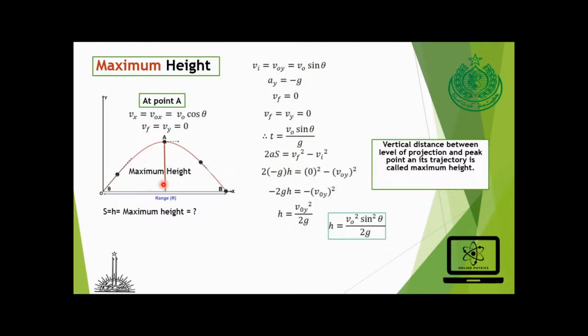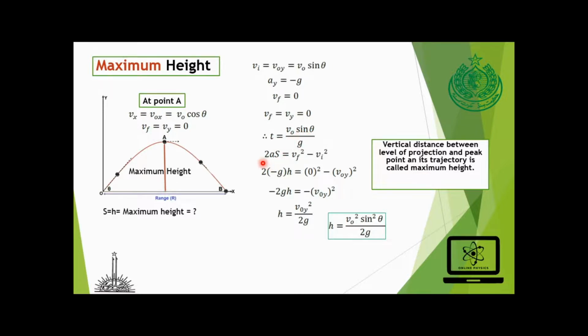Maximum height. So this is the point of the maximum height, and we are going to find out the maximum height. At maximum height, Vy is 0, a y is minus g, and Vf is 0. We know that the time for the maximum height is t is equal to v naught sine theta upon g.